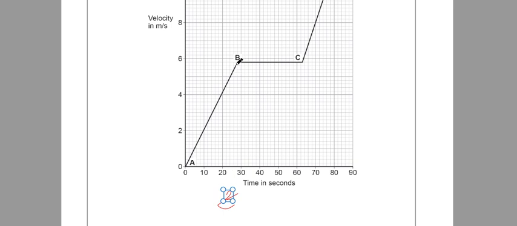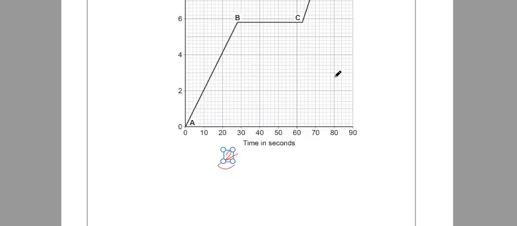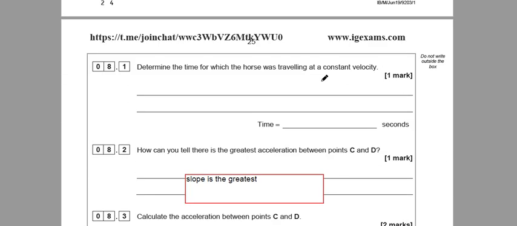So we begin before 30 by 1 small square, so it is 28, and we finish after 60 by 1 small square and a half, so it is 36. So the time here will be 36 minus 28, which is 8.